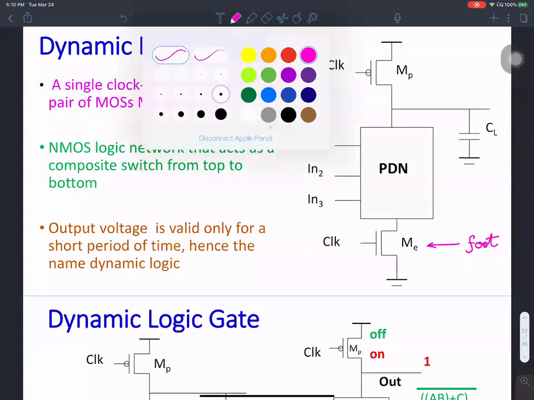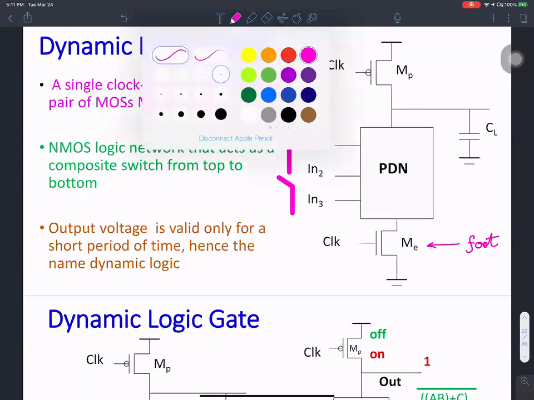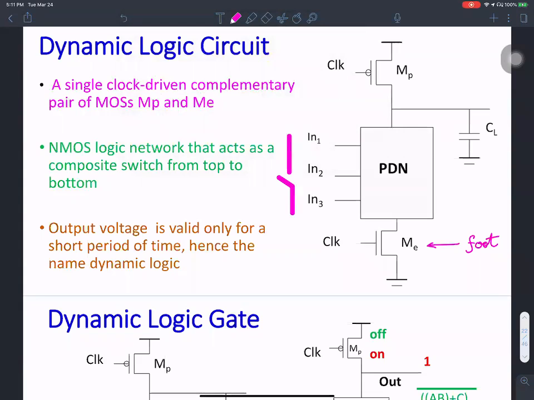Like I mentioned earlier, this switch is still intact. The pull-down network is still intact. The pull-up network is not present, but the pull-down network still acts as a switch.